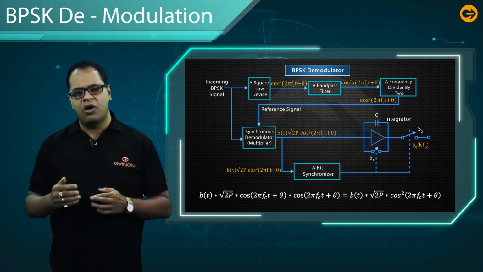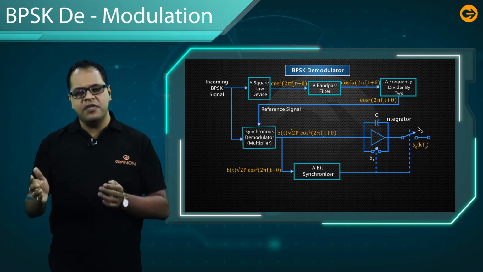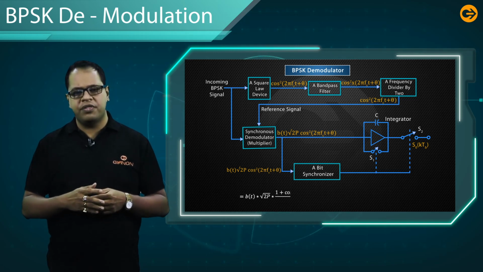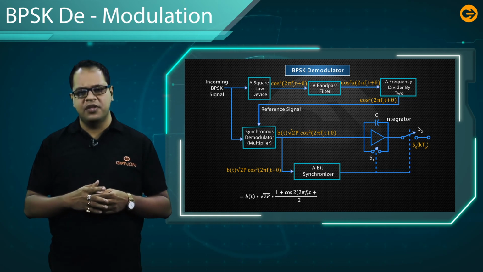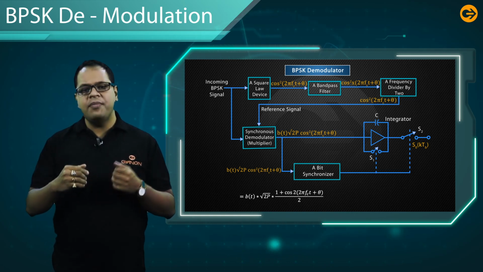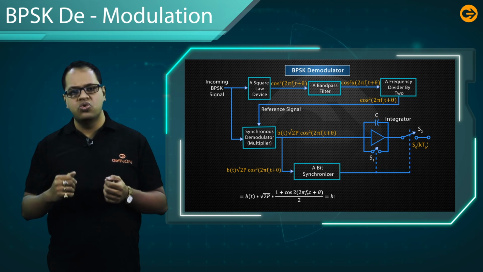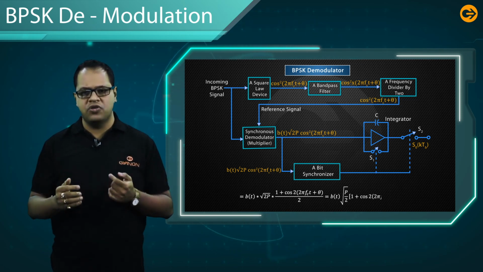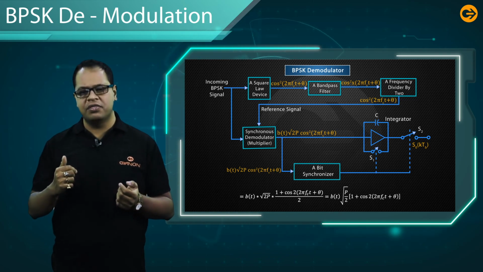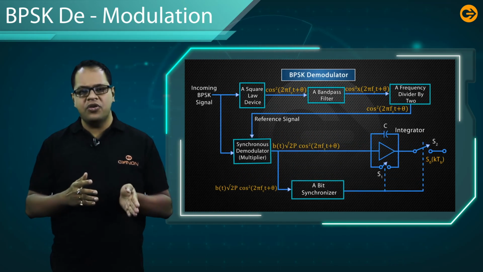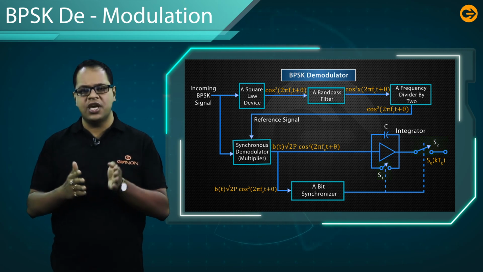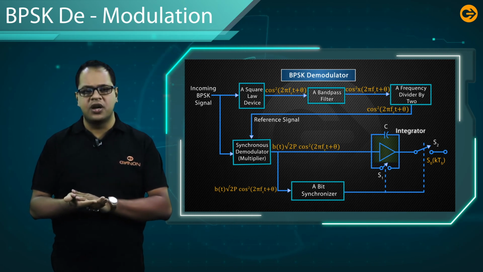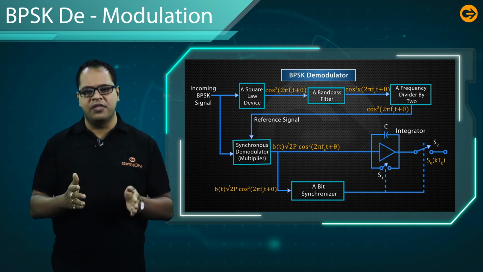Now, all the terms were already discussed earlier. This is equal to b(t) root 2P into (1 + cos 2(2π fc t + θ))/2. It can be written as b(t) into root P/2 into [1 + cos 2(2π fc t + θ)]. The bit synchronizer controls the S1 switch and S2 switch timing, and the output of the integrator will produce the original message signal.